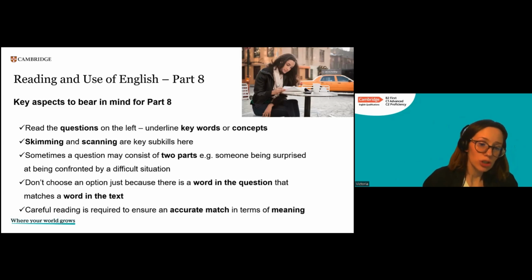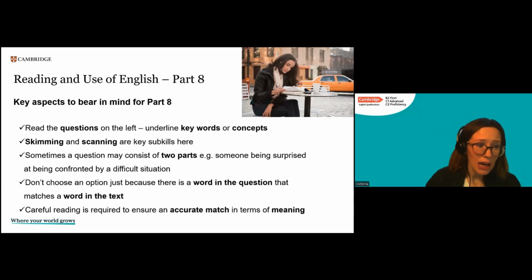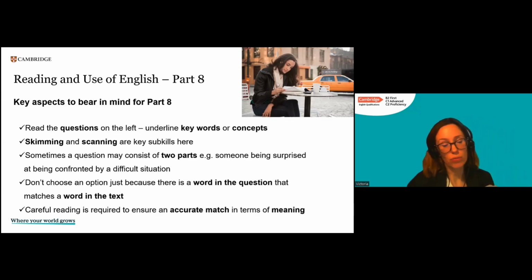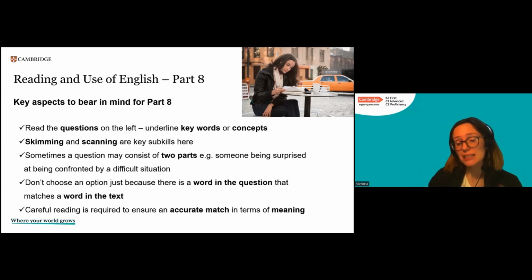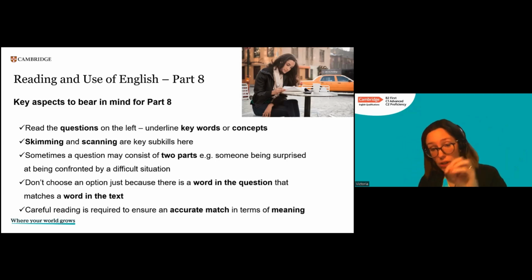Of course, don't choose an option just because there is a word in the question that matches a word in the text. Remember that it's very important to recognize paraphrasing, the use of synonyms. So be ready for that in this part of the exam. Skimming is reading quickly to get a general idea of what the text is about, and scanning is reading quickly as well, but to try to identify specific information.